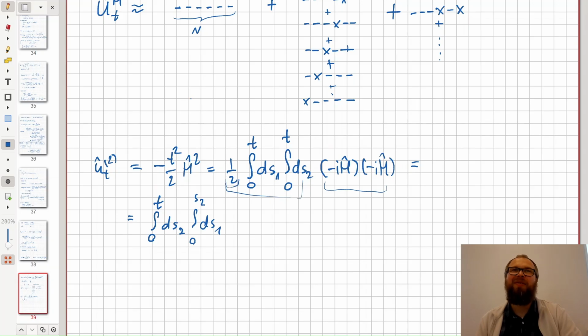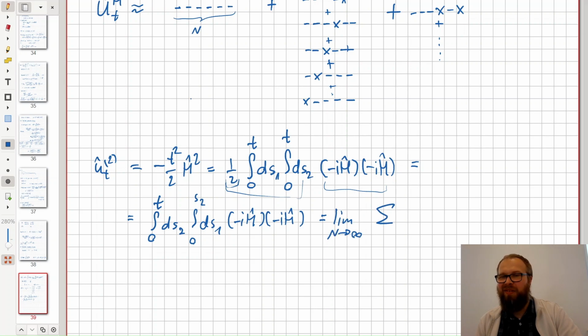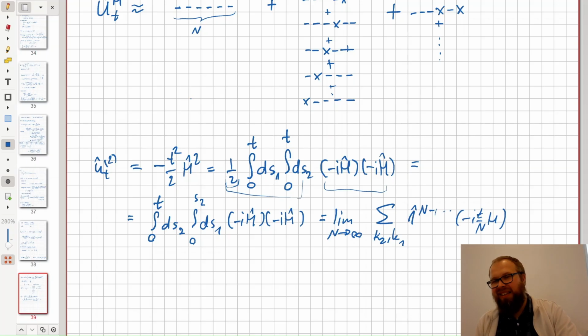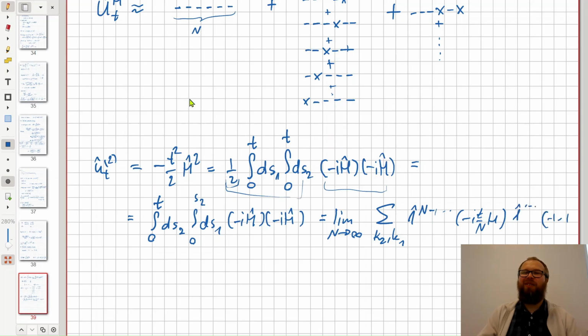You absorb the factor here, and then you do the Riemann sum, it goes to infinity, and you convert it into two sums, K2, K1, with one kick here, one kick there, and so on and so forth.